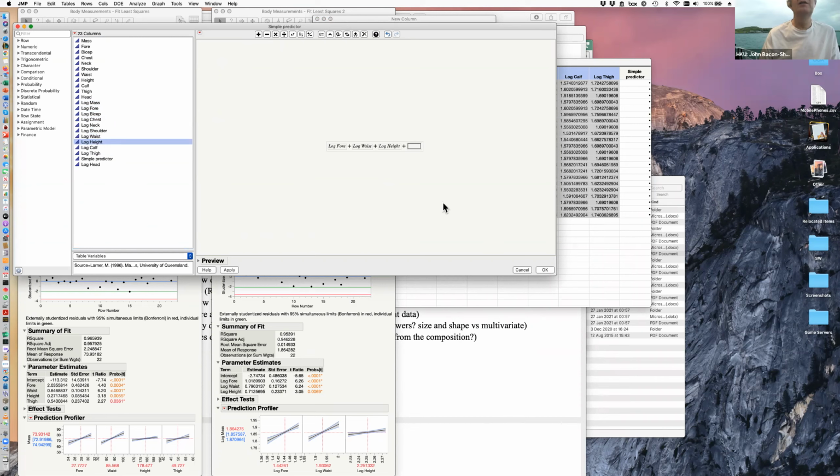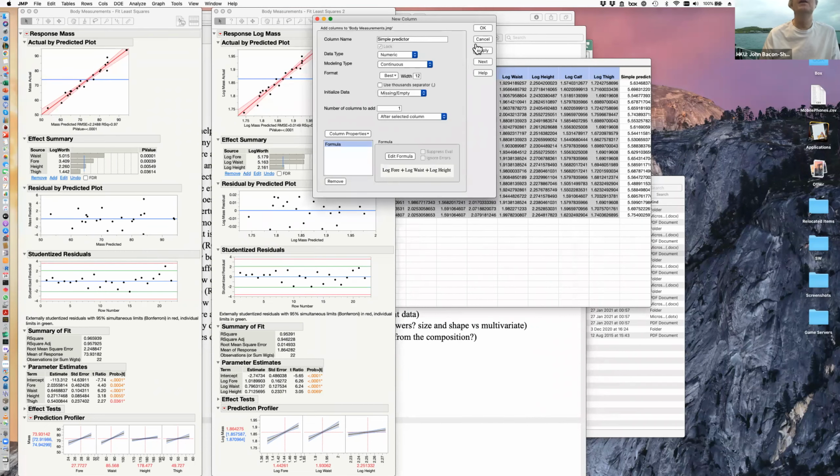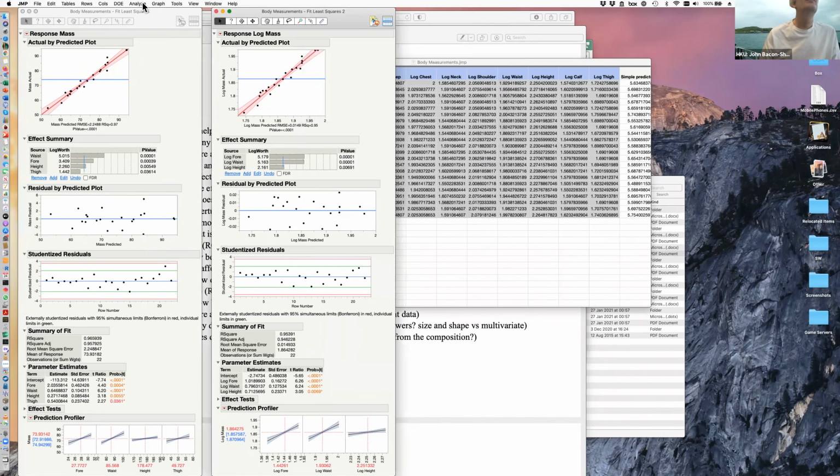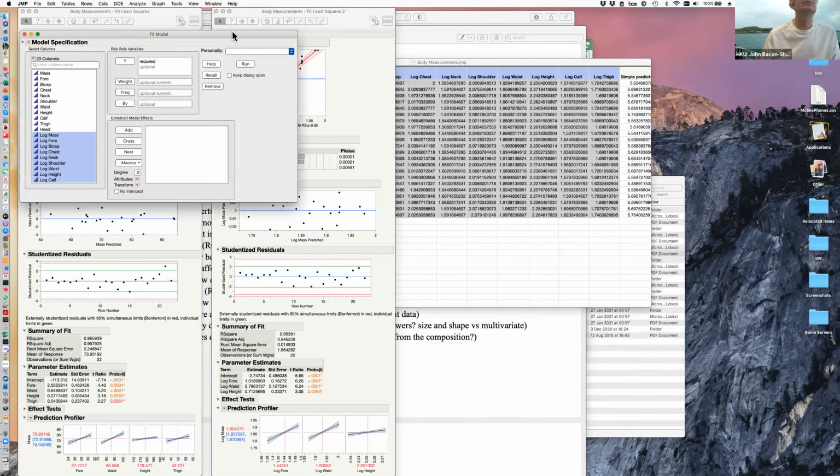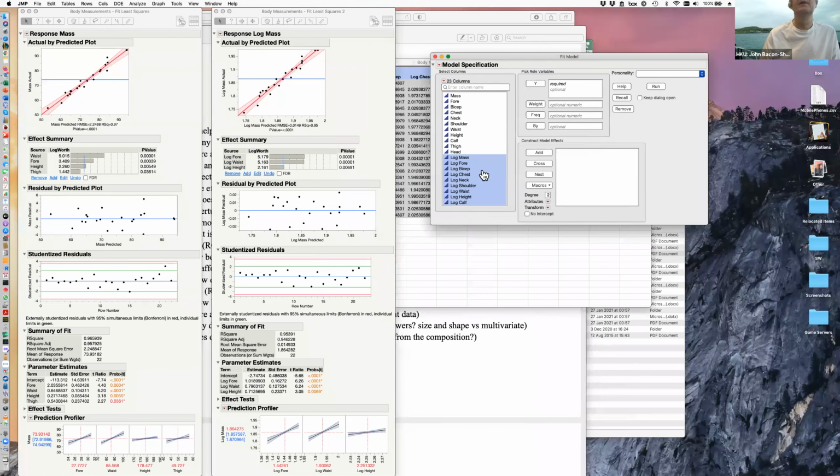Let's see how well this does. Oops, I got one too many pluses. Let's see how well this predictor works. So my simple predictor here. How well does that do in predicting log of mass?